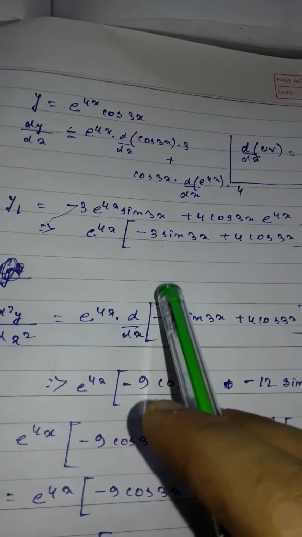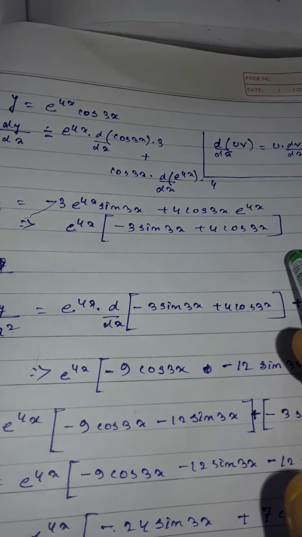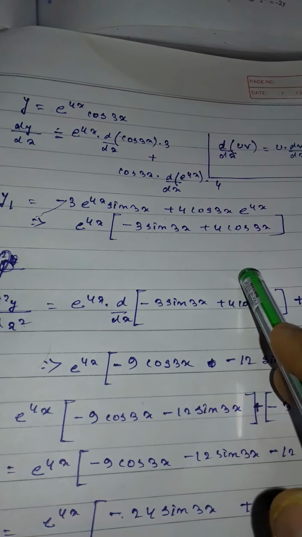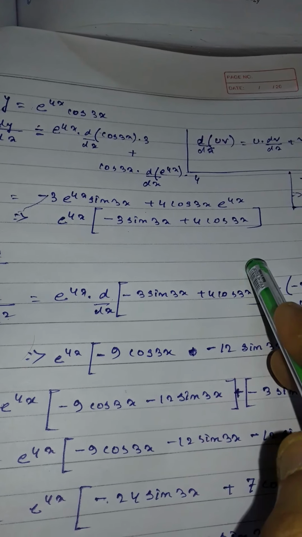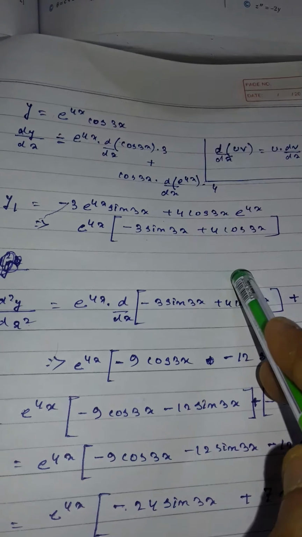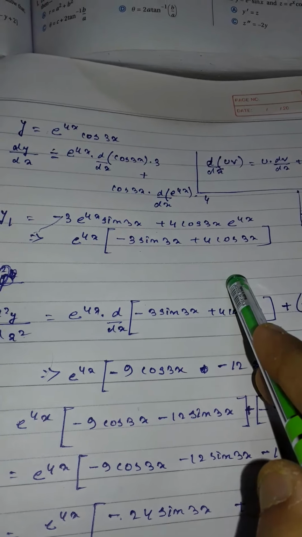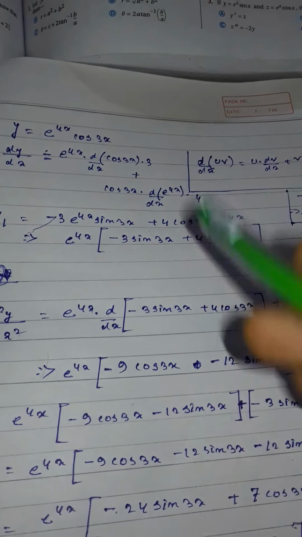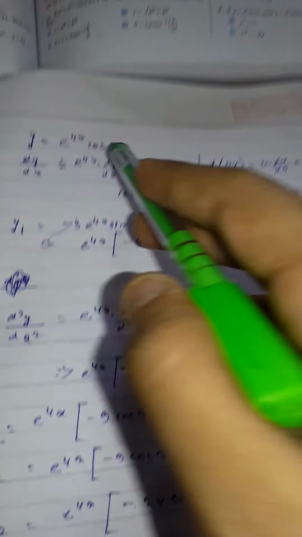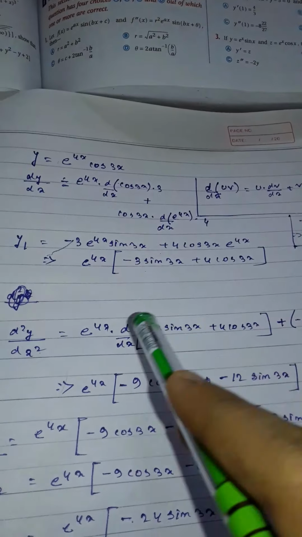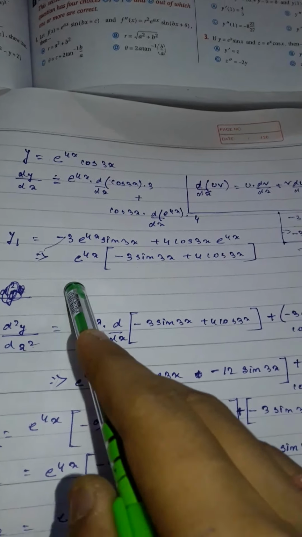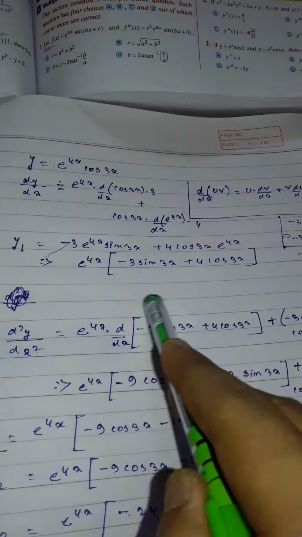Now, as the question asks for the double differentiation, we have found the result of the first differentiation. Now we have to differentiate again, not the original, but the value that came from the first differentiation, y1.